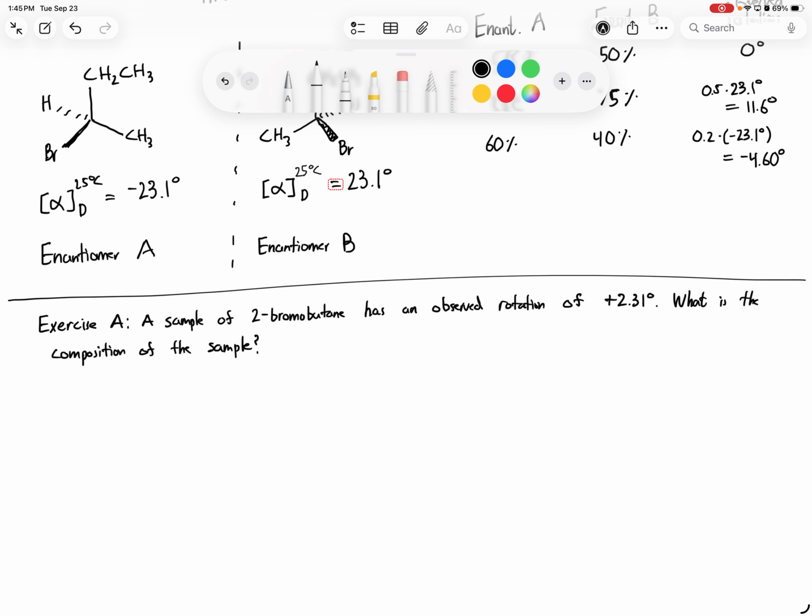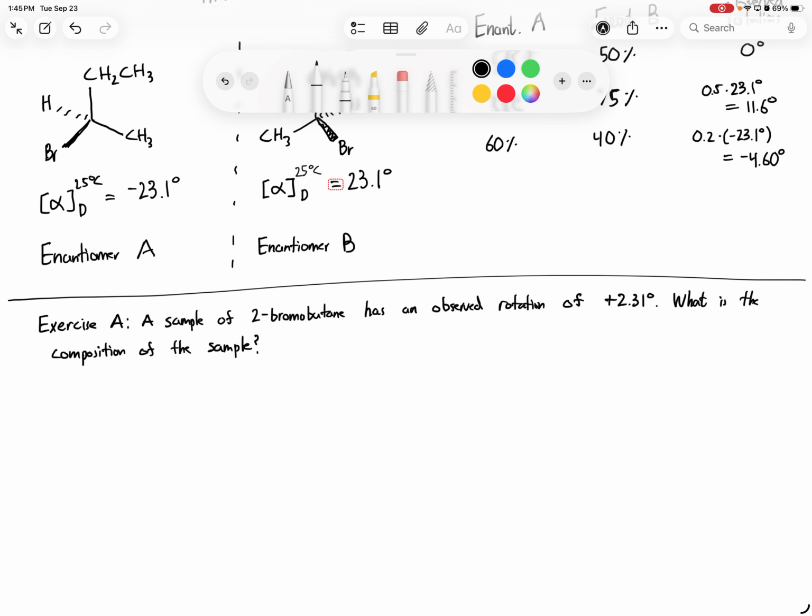So we can do it this way. We have positive 2.31. If it's positive 2.31, we have an excess of which enantiomer, you think? A or B?